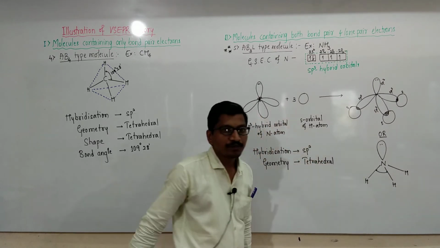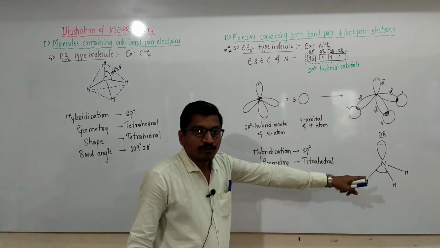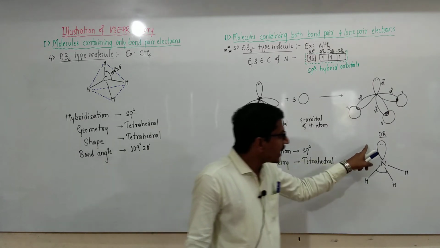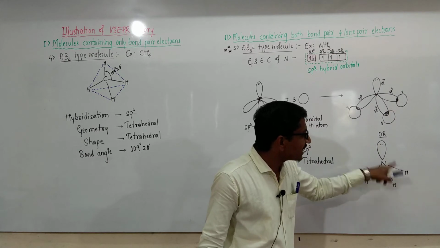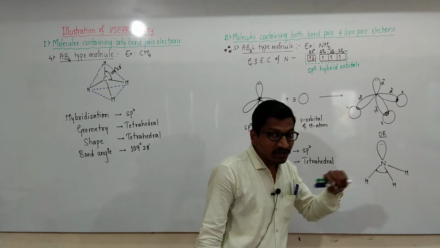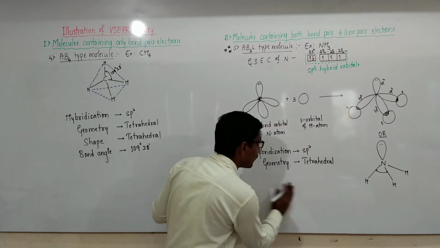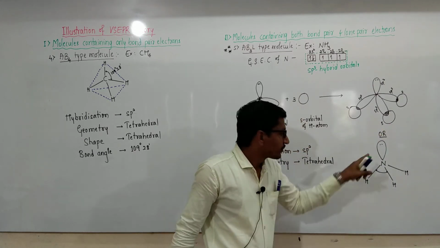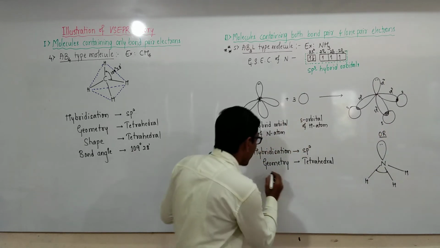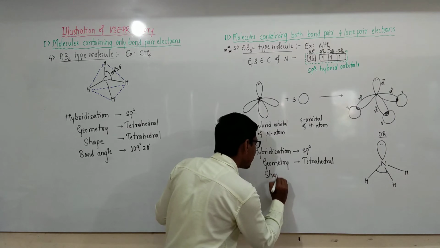Geometry can be predicted by considering lone pair as well as bond pair electrons, but the shape of the molecule can be predicted by excluding lone pair of electron. Then the shape of the molecule is pyramidal.